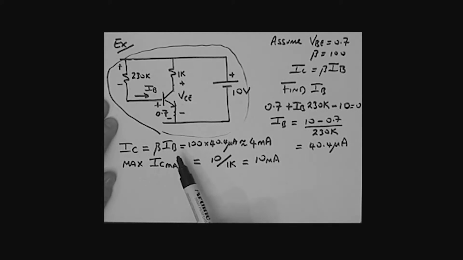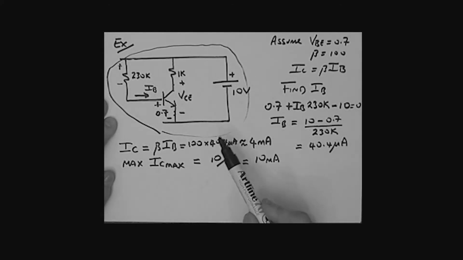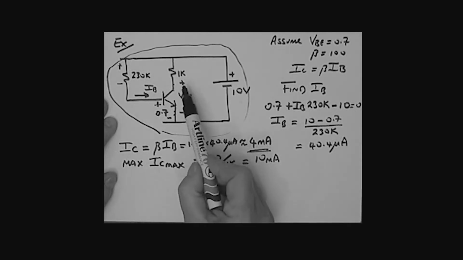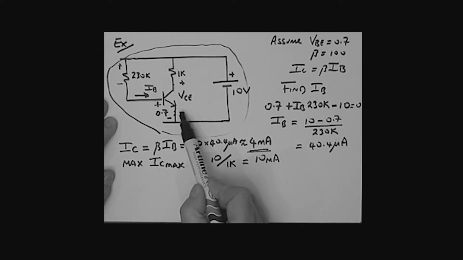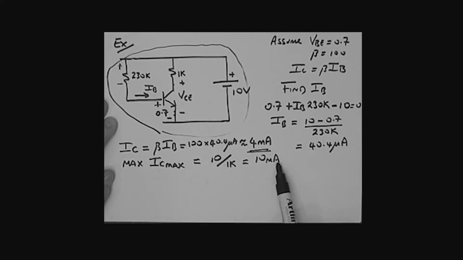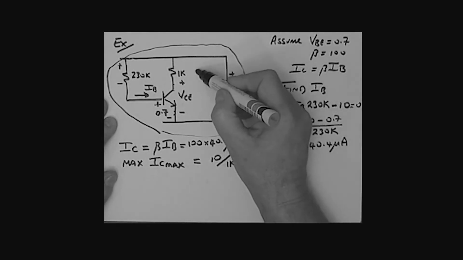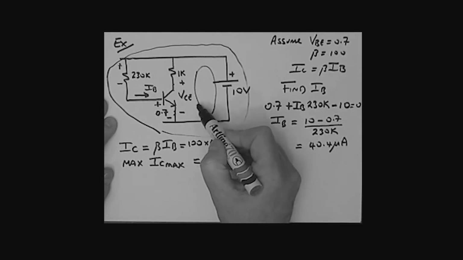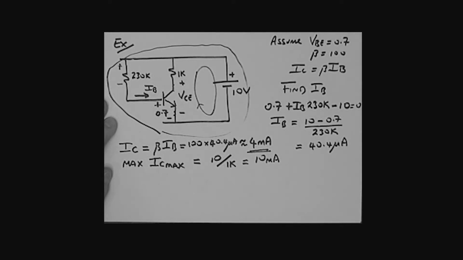Okay, now, what am I trying to find here? I found the IC, it's this value right here. I'm now trying to find the VCE. That was just a check to see that the value I calculated was less than the maximum. All right, take a loop and sum the voltages around that loop.